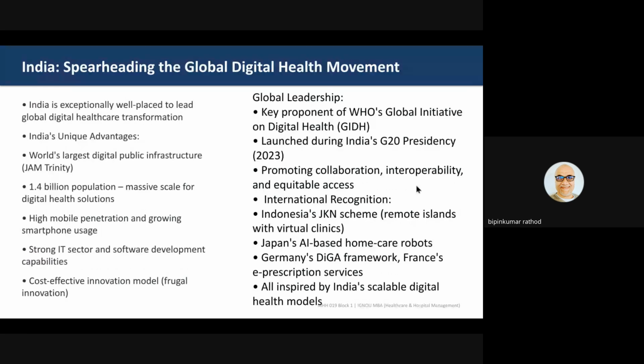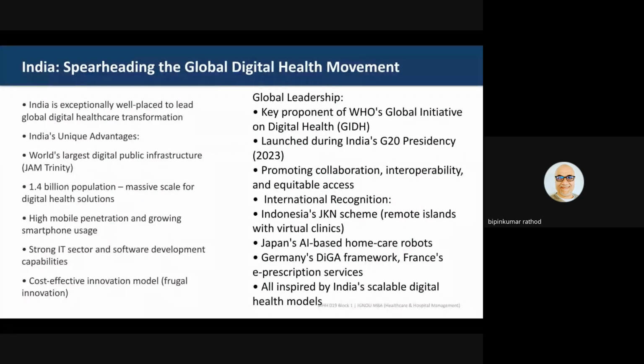But as India, we are actually spearheading the global digital health movement. So we are, in some initiatives, more successful than even the more developed nations in the world.